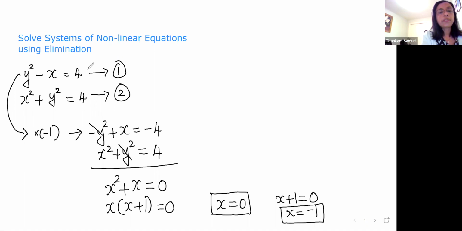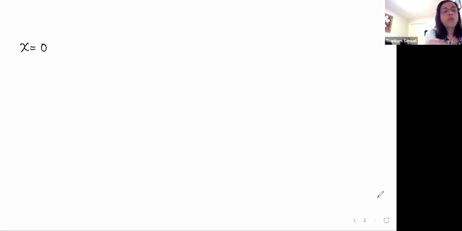So let's consider this first equation: y squared minus x equals 4. When you substitute x as 0, y squared minus 0 equals 4, or y squared equals 4.